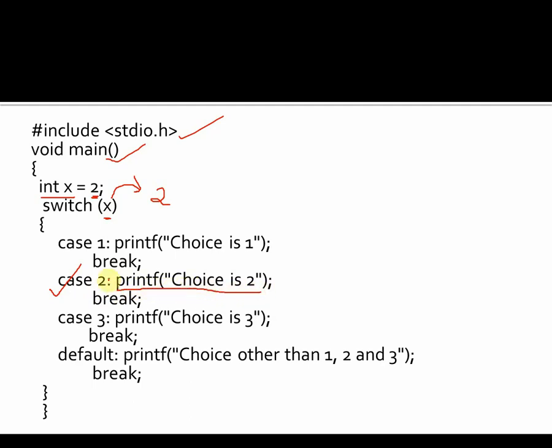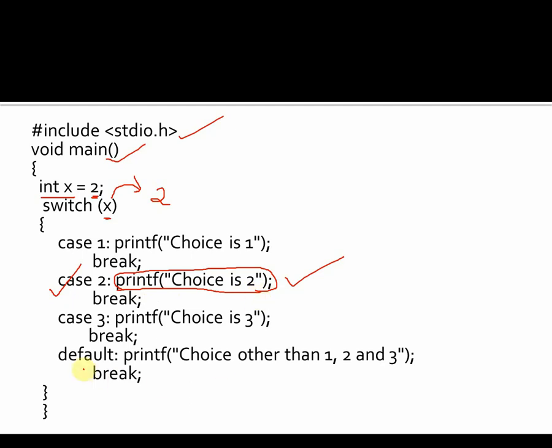As I mentioned to you, anything you write after the colon is the body of that particular case. So it is part of that case. Right now this printf statement is part of case 2. So this printf statement will be executed in this given program, and on the screen you will see the output saying choice is 2.